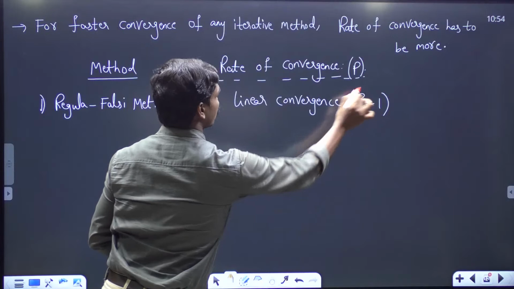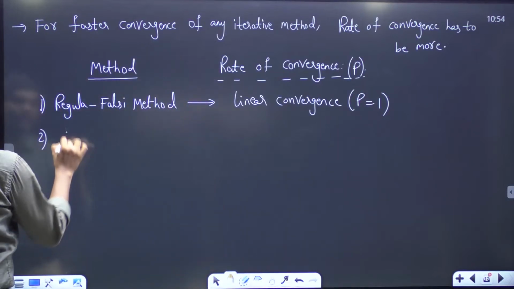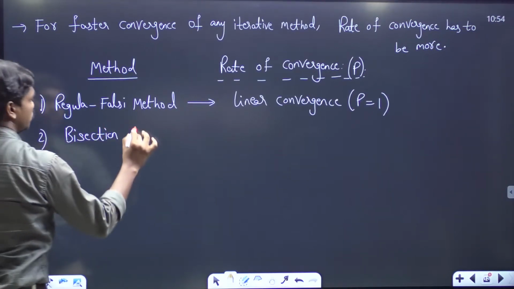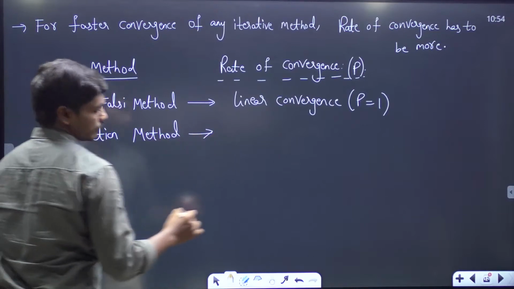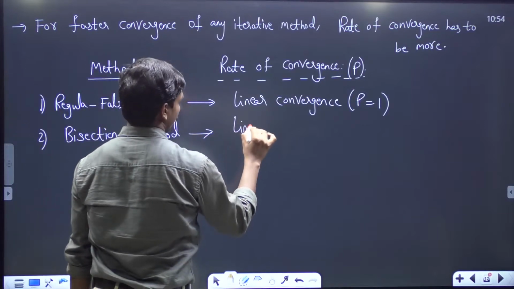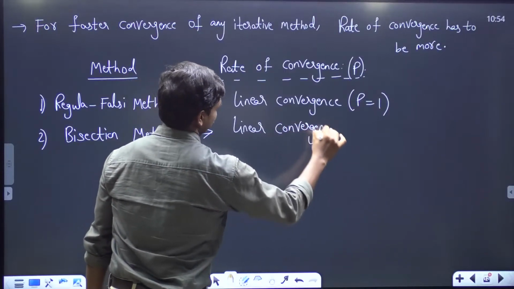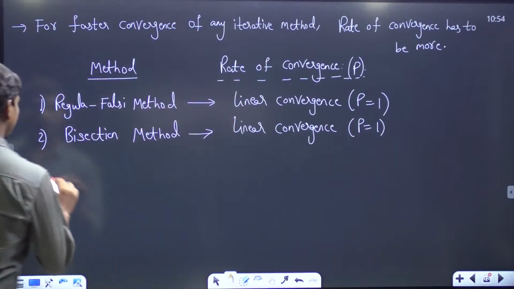If order is 1, we call it linear. Second, the bisection method is also of linear convergence. Again, P value is 1.